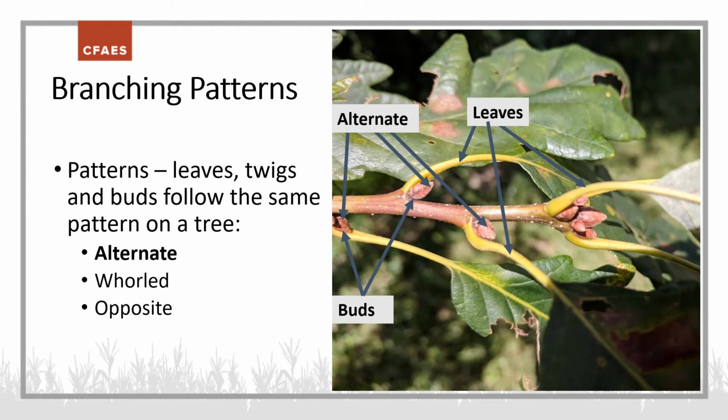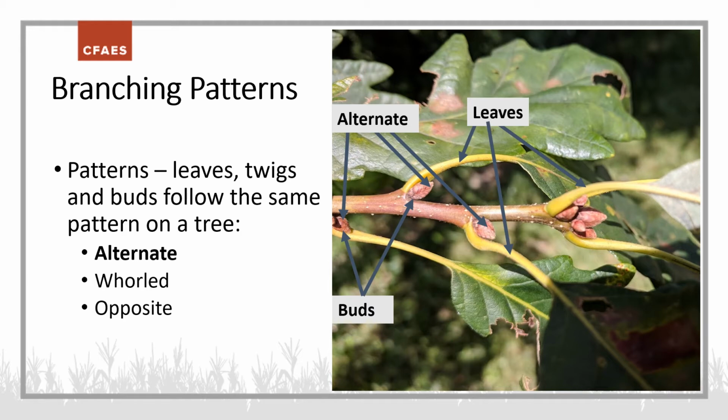When we talk about branching patterns, that's one of those steps that you'll use to eliminate some species as you're thinking through the process. So remember that when we talk about branching patterns, the leaves are attached in this pattern, the twigs grow in this pattern, the buds are on the twig in that same pattern. In this case, we're looking at an alternate patterned tree.